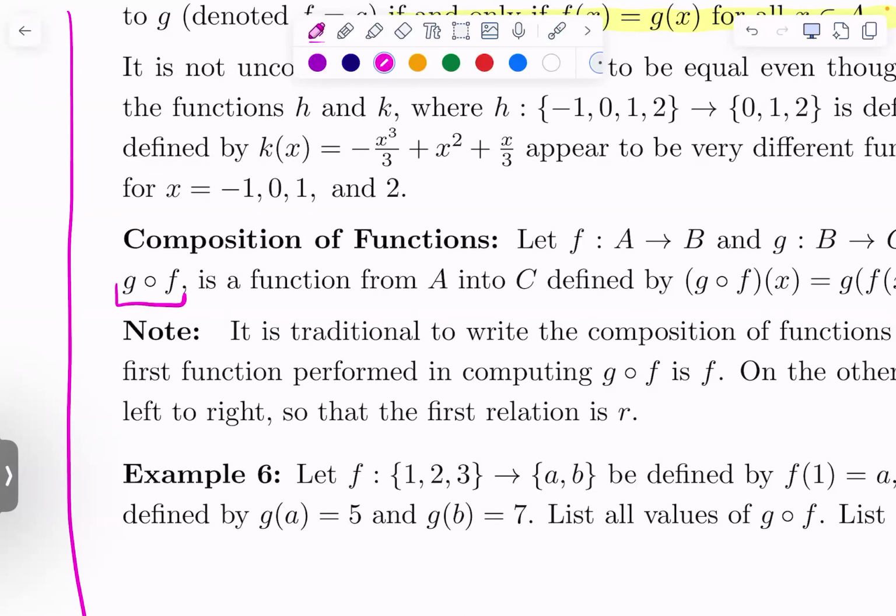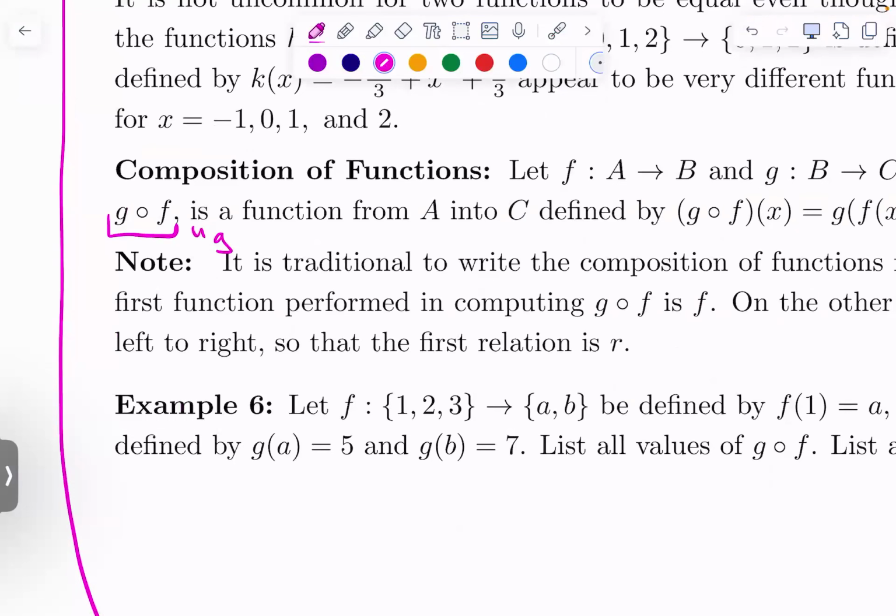Technically it says g composed with f. Or if you're lazy, g of f. I just read the circle as an of.